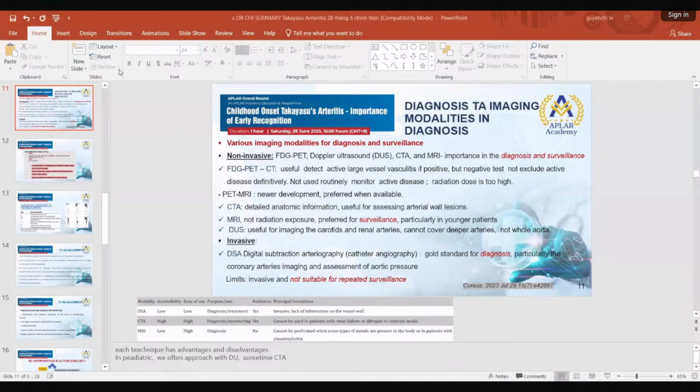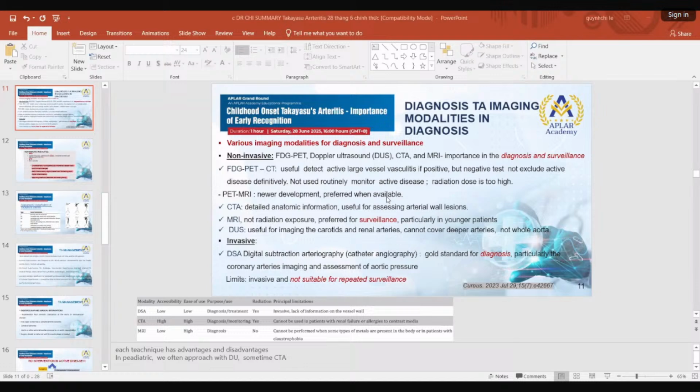So we have to decide which one is more suitable for your patients. Each technique has some advantages and some disadvantages.